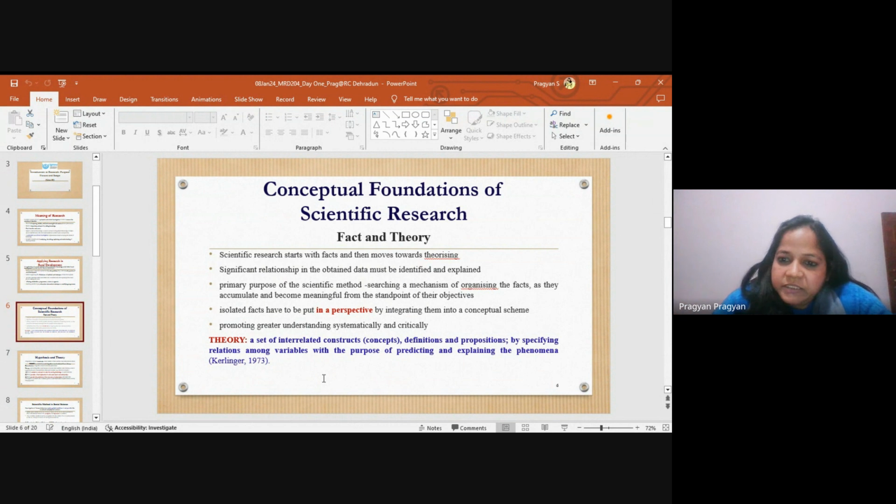Because that is the query, that is the generation of knowledge where we are trying to develop a whole new dimension to the perspective. So isolated facts have to be organized in that particular perspective with the help of a theory. So there has to be a very important and significant relationship between fact and theory. So it has to be started with the theory rather than the fact.